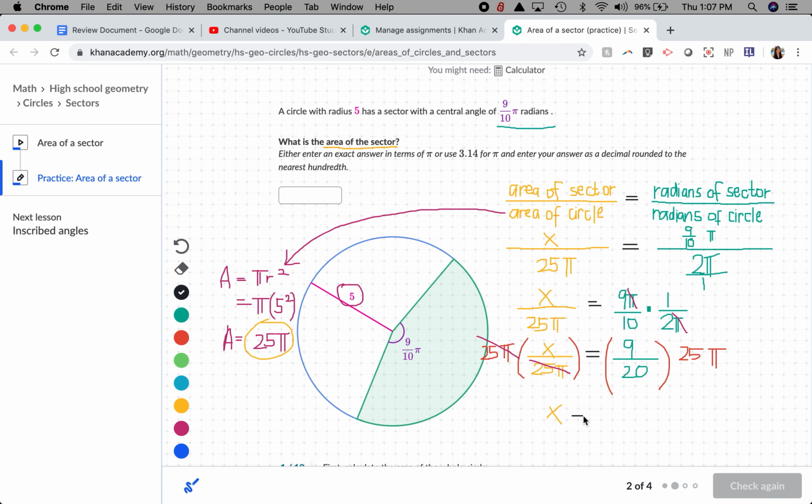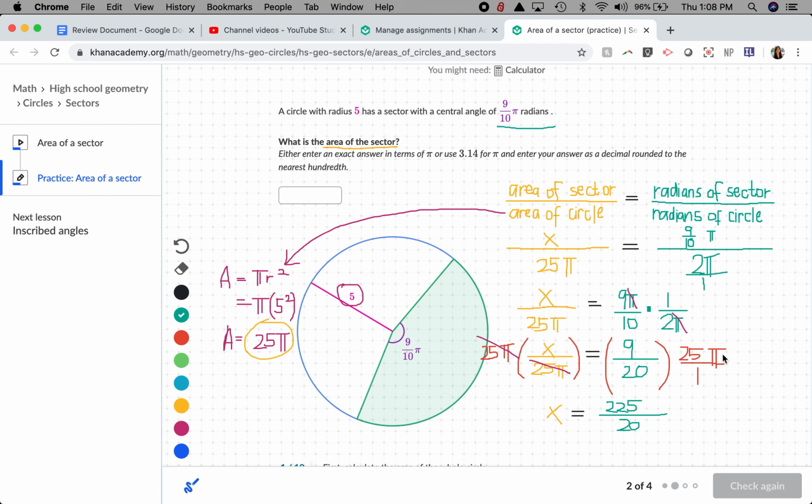Now on the right side of my equal sign, I am going to multiply. Again, this is just the same as 25 over 1. Numerator times numerator. 9 times 25 is going to give us 225 over 20.